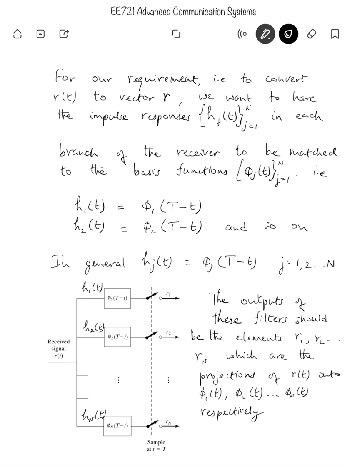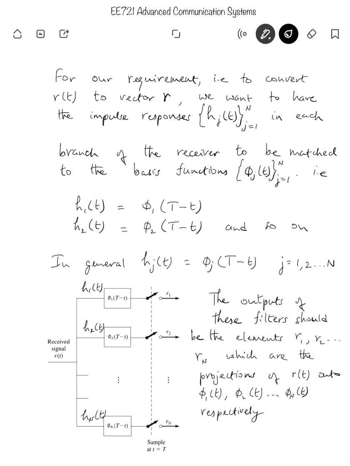And as I said, for our purposes we are interested in matching the impulse response of the matched filter to the basis functions that are used to represent our signals. The basis functions are phi 1, phi 2, phi 3, and so on up to phi n, which is n basis functions.